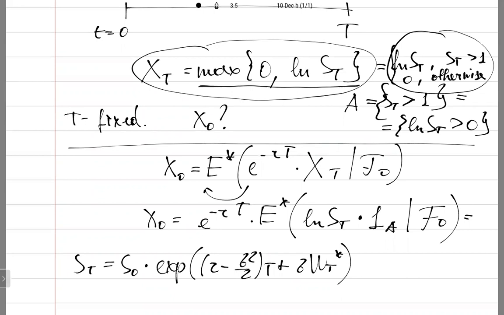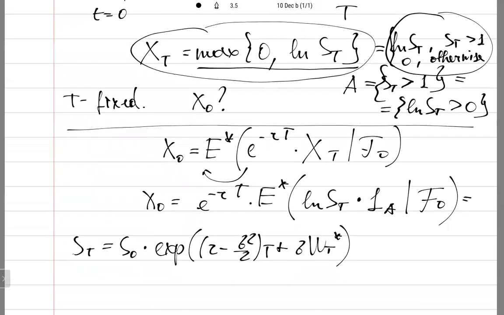But to solve this exercise, my payoff is 0 if ST is less than 1 and positive if ST is greater than 1. So it is important to compare the price of a share with 1. If you are solving another problem, then yes, you may add events.